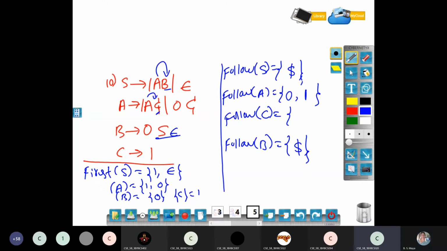Follow of C is follow of A, ma'am. So 0, 1. Then it should be 0, 1.